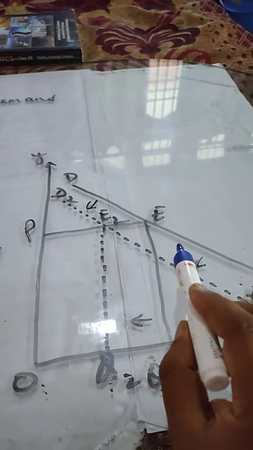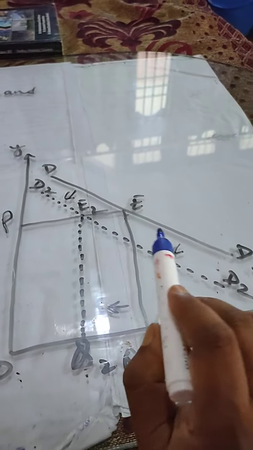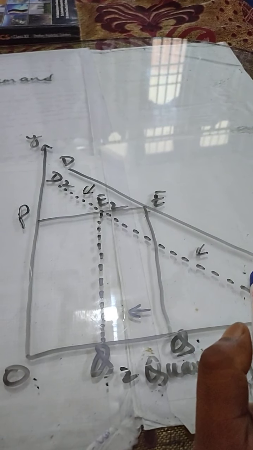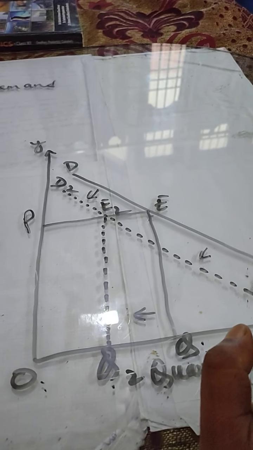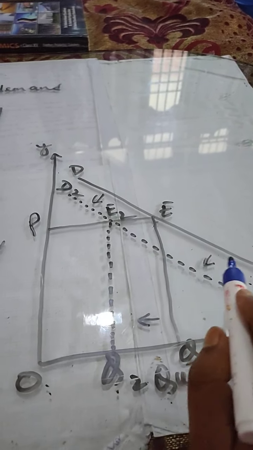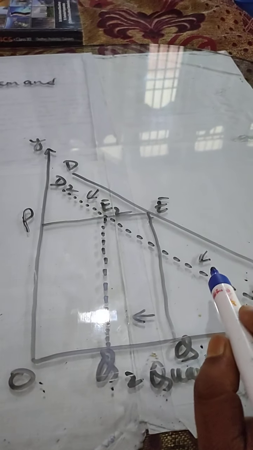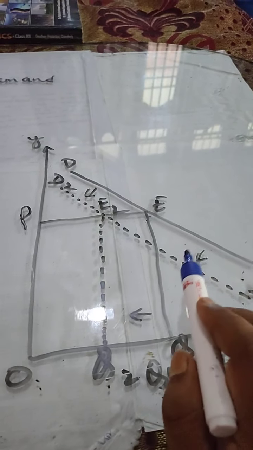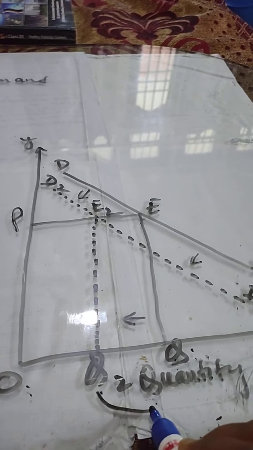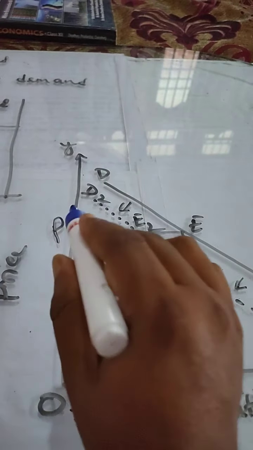It is the original demand curve DD. Now there is a fall in the demand curve from D to D2 due to factors other than the price of the commodity. Price is constant here, but this demand falls due to factors other than the price of the commodity. So Q2 is the amount of decrease in demand at the same price.